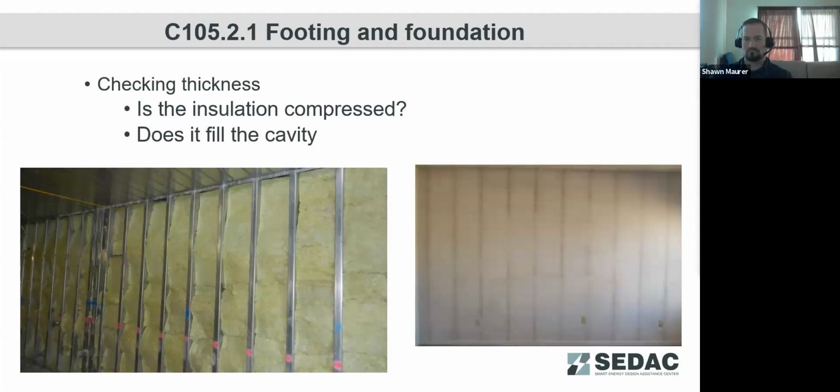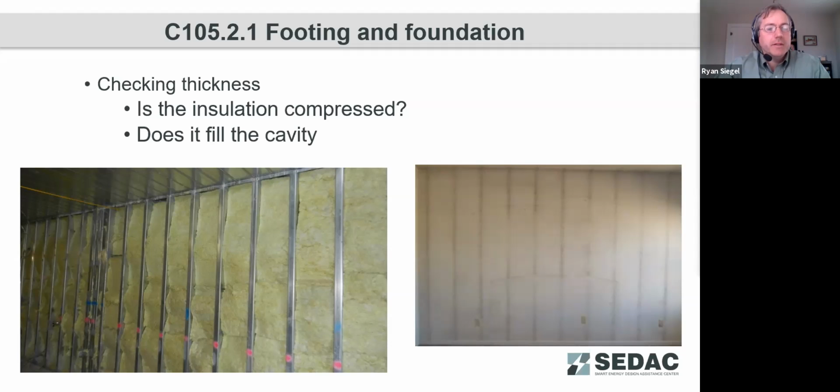So things that we might be looking for: is the insulation compressed, and does it fully fill the cavity? Here on the left-hand side, we can see a cavity. These are metal studs with a batt product placed inside of them, and we're seeing a lot of the metal studs being exposed here, not only at the top, but here in the middle.